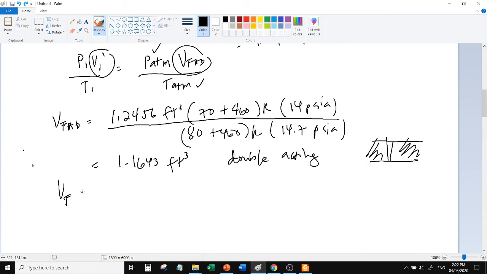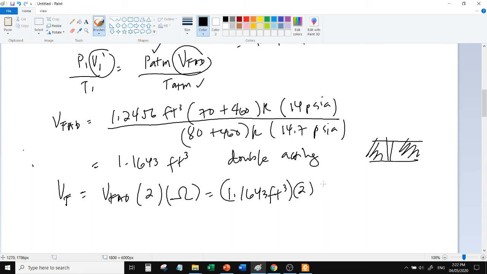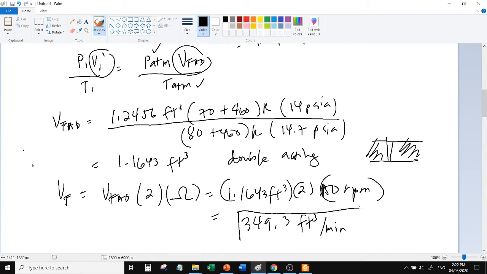So, that's V-FAD times 2 kasi double acting times yung revolutions per minute. So, that's equal to times 2 times 150 RPM. So, that's equal to 349.3 feet cube per minute.